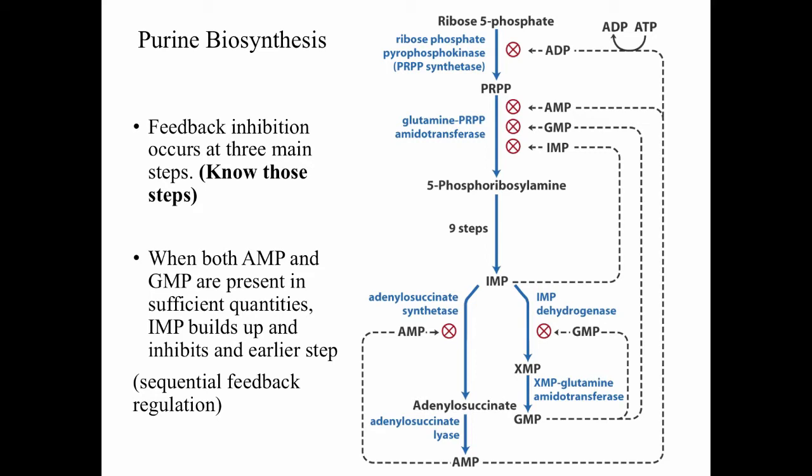Another thing is both AMP, GMP, as well as IMP, if there's high levels of that, that's going to feed back and inhibit glutamine PRPP aminotransferase. This is, again, a similar idea that there's high levels of products. We don't need to continue making more of the products. And then ADP can also act as an inhibitor of this pathway.